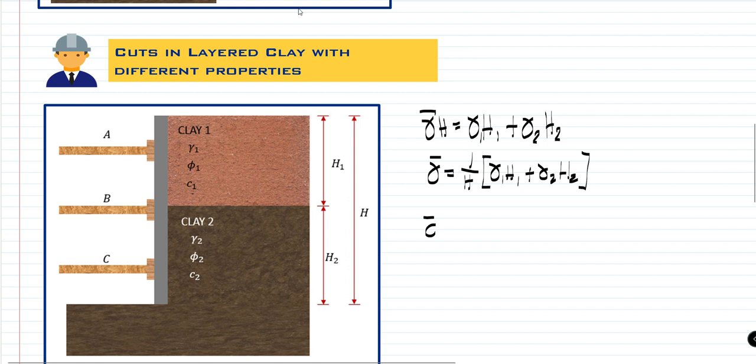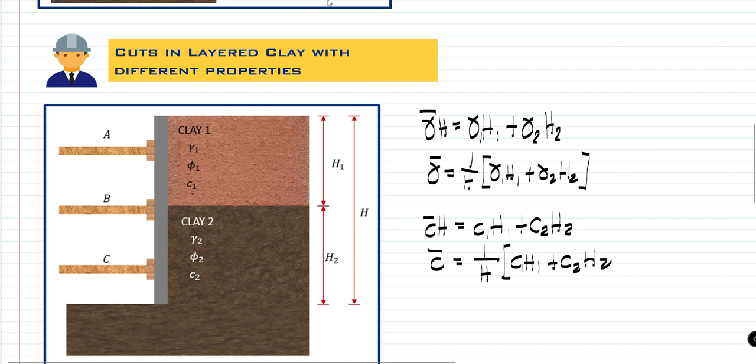So, that is C bar times H is equal to C1 H1 plus C2 H2. Then, arranging the terms, we can have a modified cohesion which is C bar. So, that is 1 over H times C1 H1 plus C2 H2.